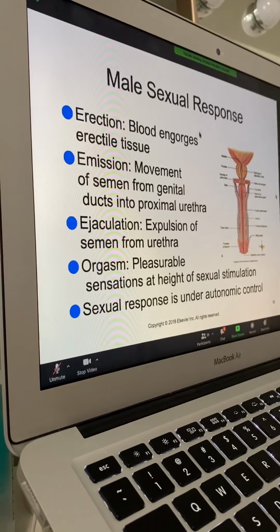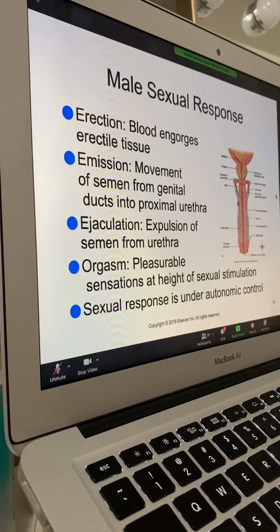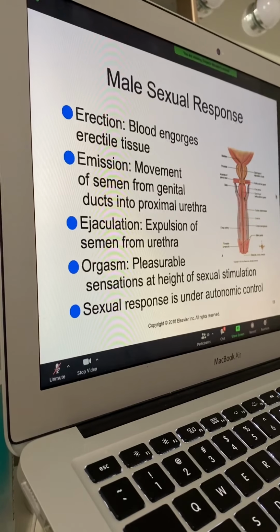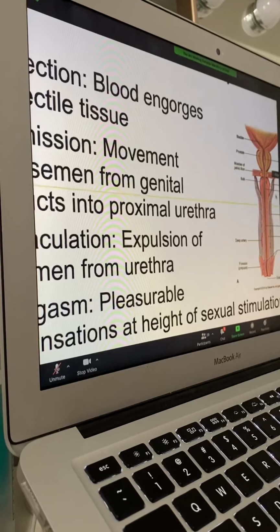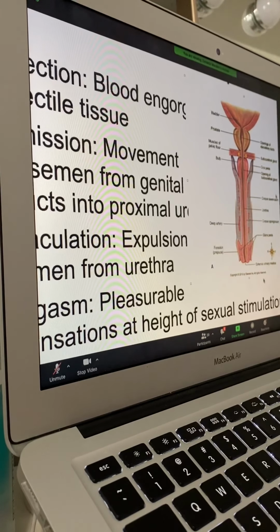So, male sexual response. What's happening when a male is stimulated? There are a couple of steps. There will be erection, emission, ejaculation, and orgasm. Erection is when the male is stimulated; the penis is innervated by the autonomic nervous system.